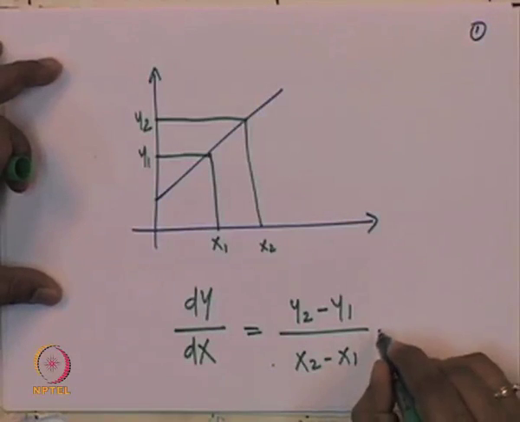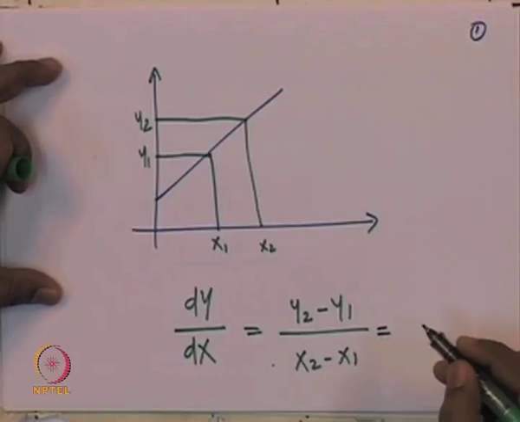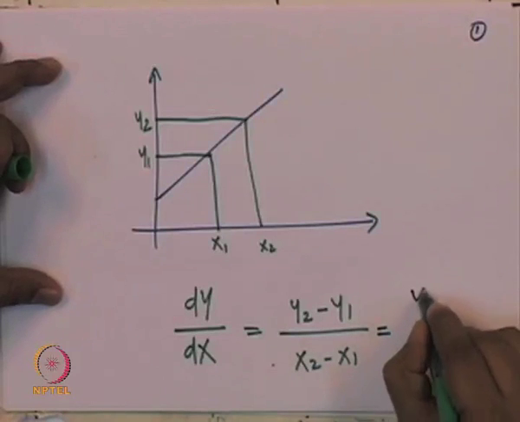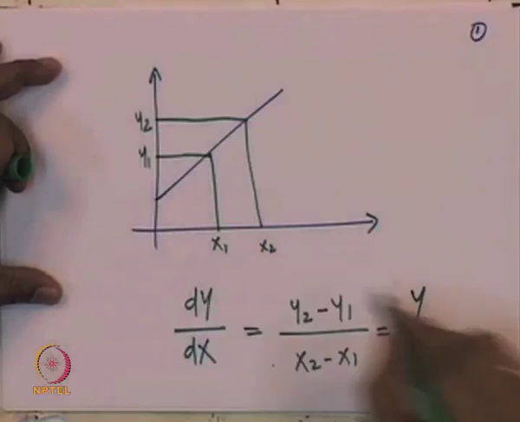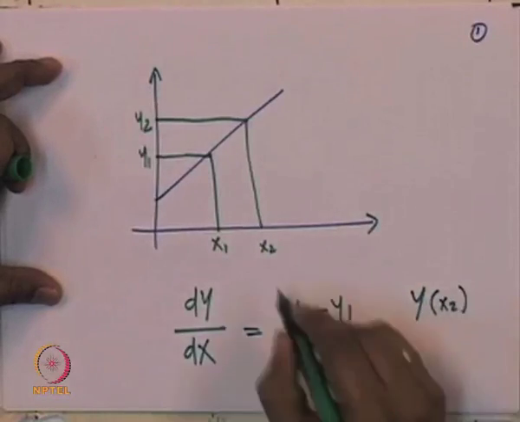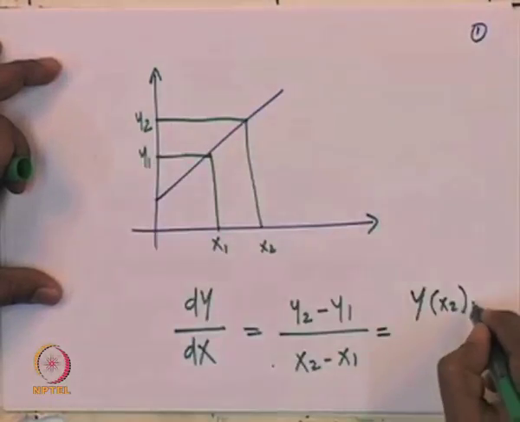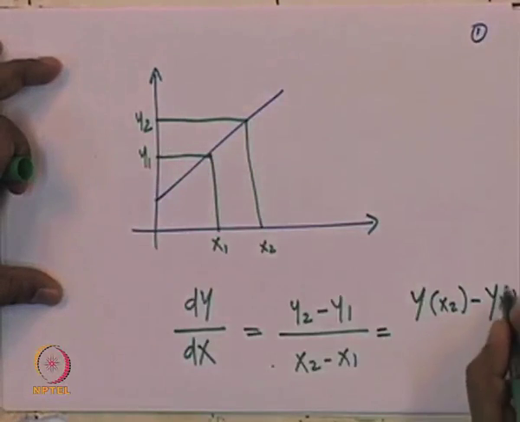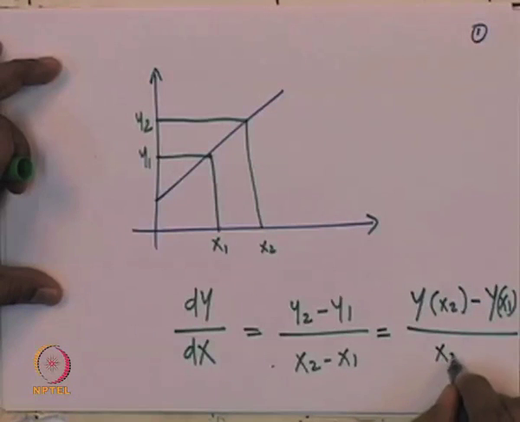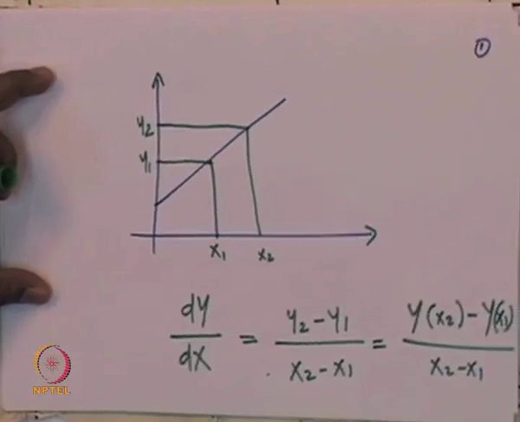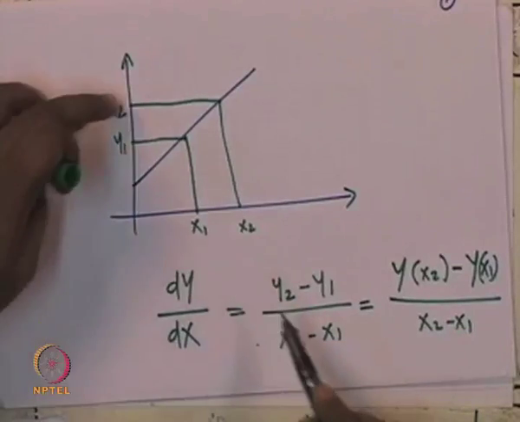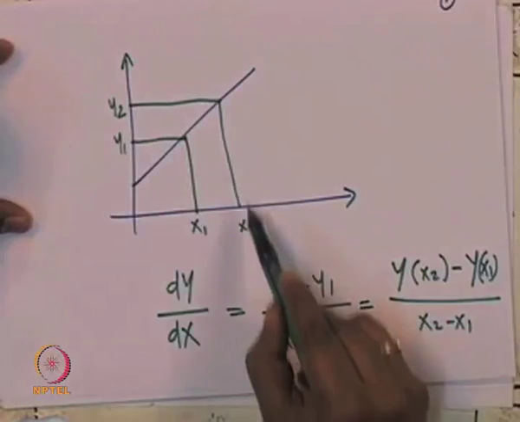We can also express this in another way. In some books you will see this written differently: y at this point x2, so y corresponding to x2 is y2, minus y corresponding to x1, divided by x2 minus x1. What does it mean? y2 is nothing but y corresponding to x2.